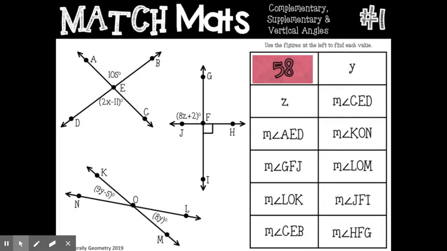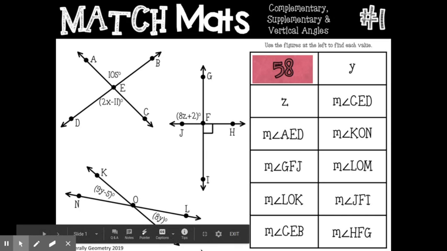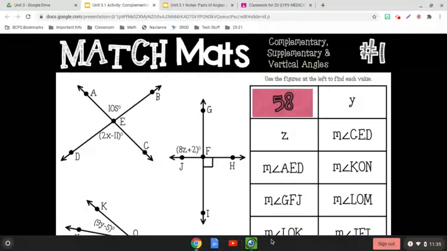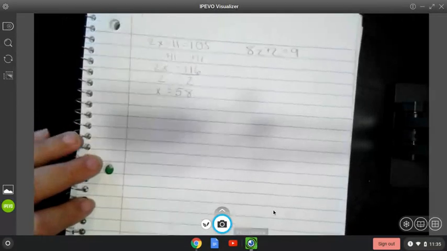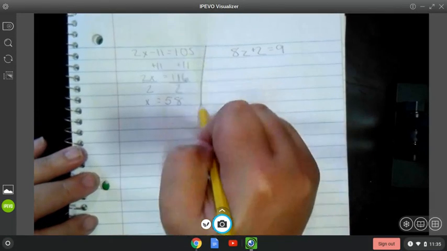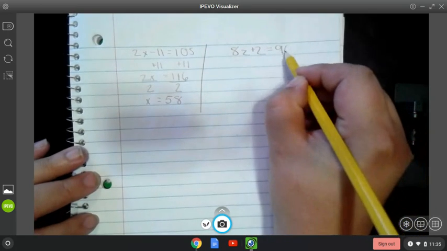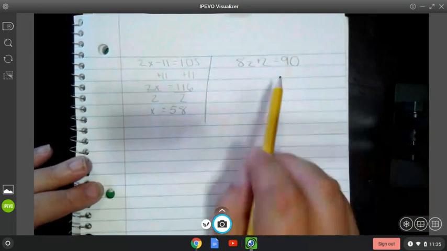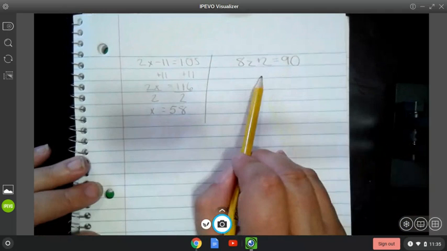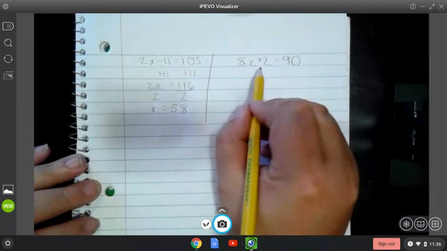So we have 8z plus 2 equals 90, not 9. So we're just going to do a little algebra.